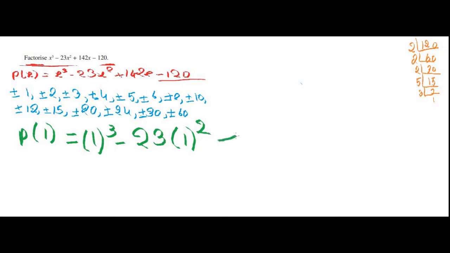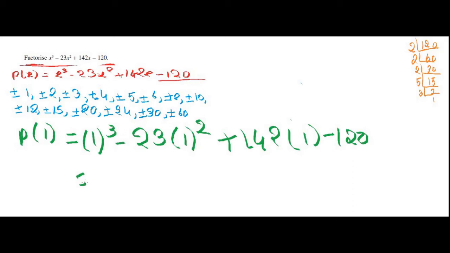First we should see what would be the exact factor by this trial and error method. So 1 cubed minus 23 plus 142 minus 120.